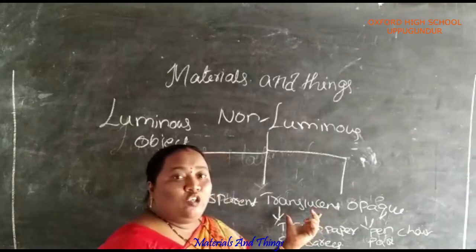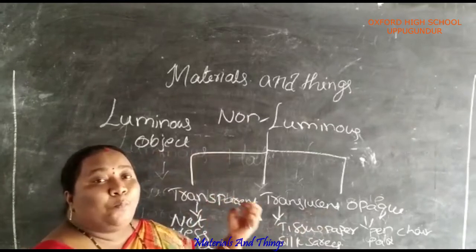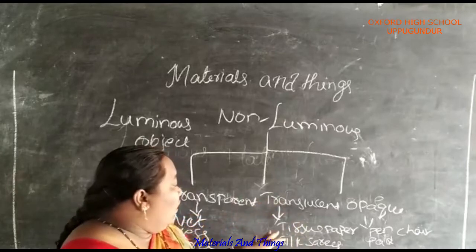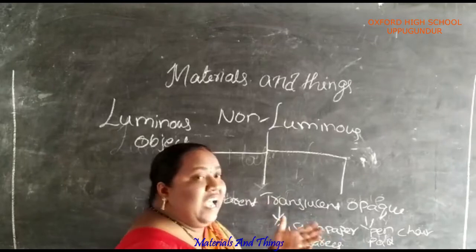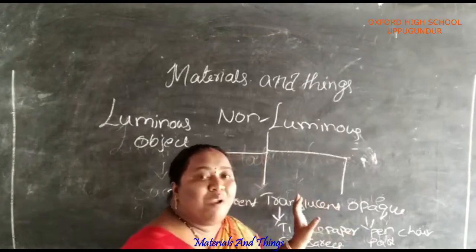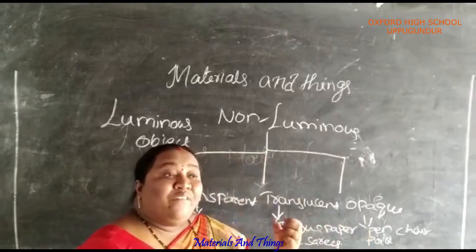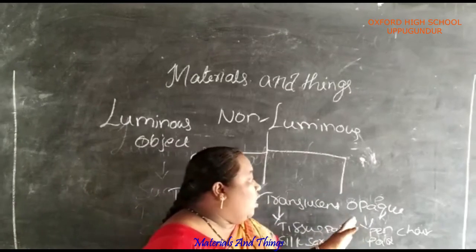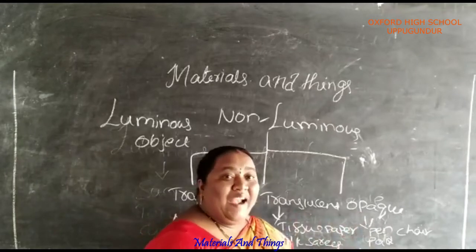The non-luminous objects which allow the light to pass through them partially, means not perfectly. Example, tissue paper or silk sarees. Next, opaque. The non-luminous object which does not allow the light to pass through them is called opaque. Example, pen, chair, pad, etc.